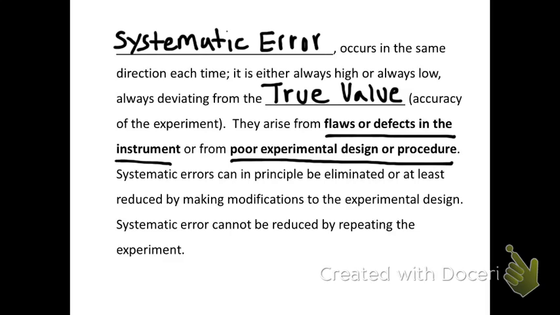This is something we're going to look at heavily when we do our labs: our experimental design, our experimental setup, and where errors could come into play in our design, what might deviate us from the true or the accepted value.